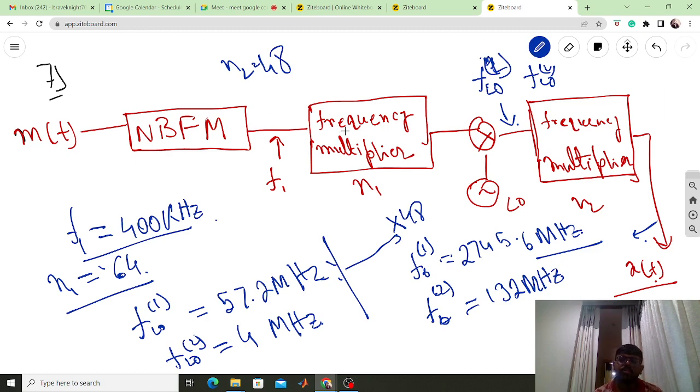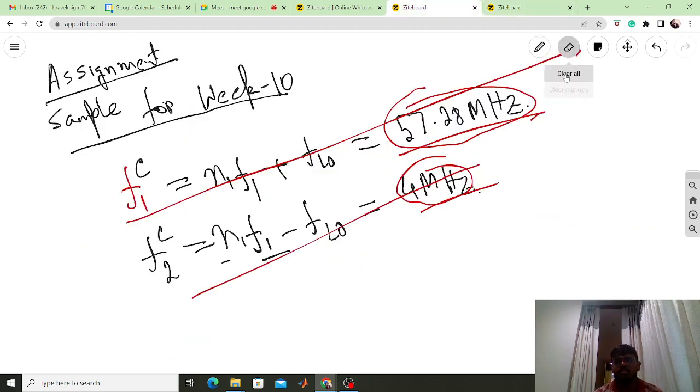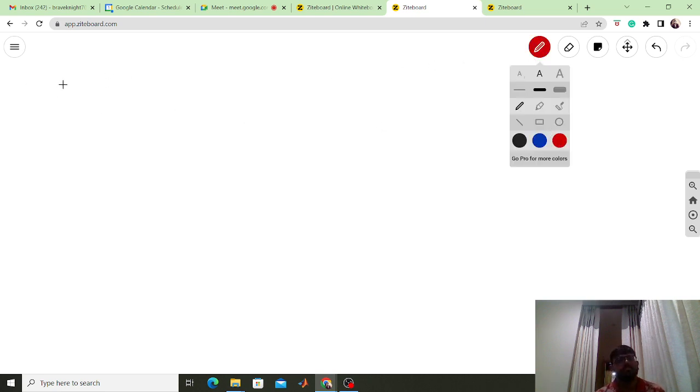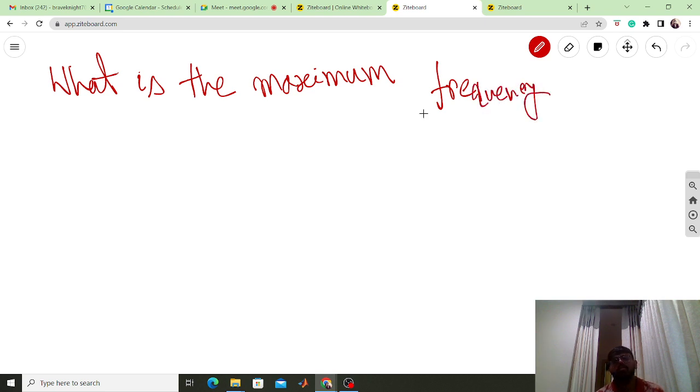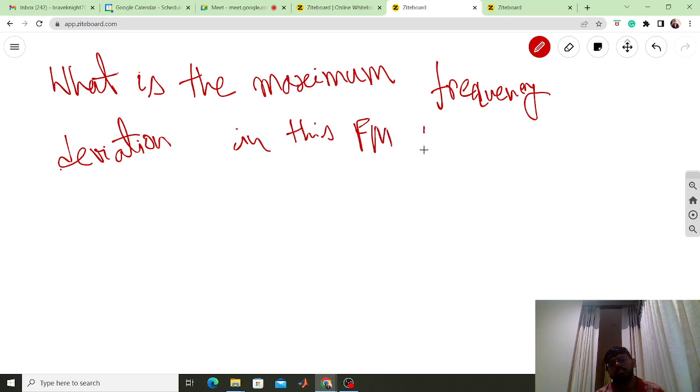Now the seventh question I am asking is, what is the maximum frequency deviation in this FM transmitter?